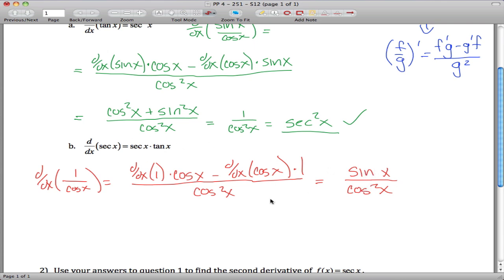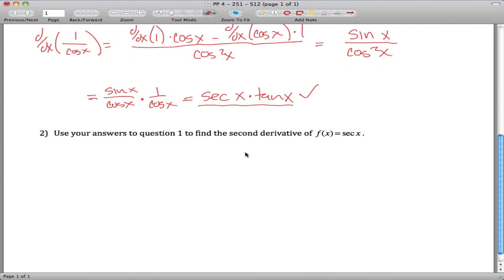It doesn't quite look like our answer, but if you use some trig identities, this is the same as sine of x divided by cosine of x times 1 over cosine of x. So instead of cosine squared, I split it up into 2. But sine over cosine is tangent, and 1 over cosine is secant. So I get secant of x times tangent of x, which is good. That's what I was supposed to get up here.